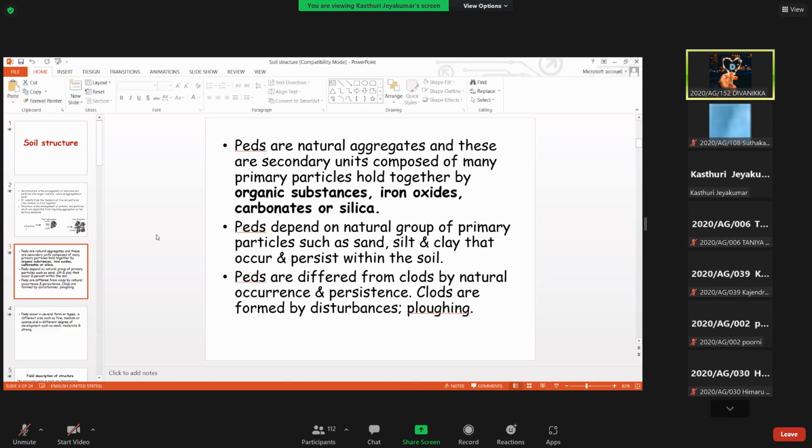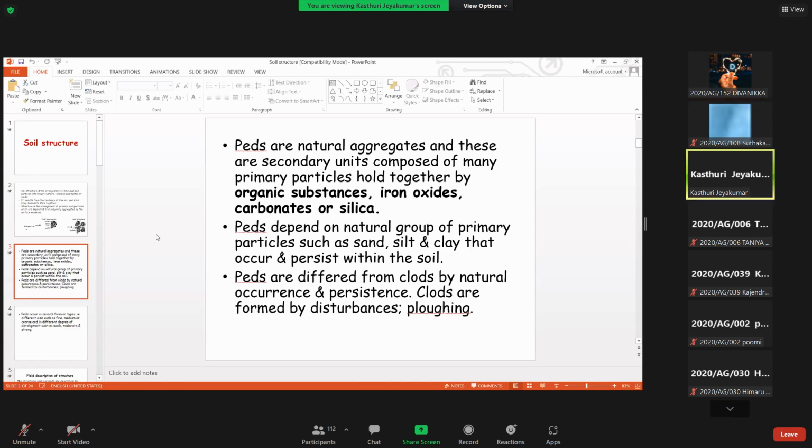Clods are formed by disturbances, like plowing. Primary particles are sand, silt, and clay. Secondary particles are organic substances, iron oxides, carbonates, or silica. Peds are formed by natural occurrence and persistence, and clods are formed by cloddying.